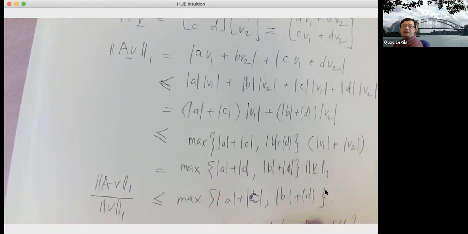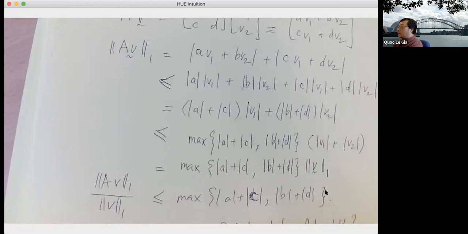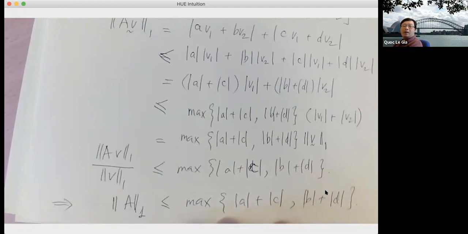What I need to do is prove that equality can be achieved, then I will be done. Right now I just have the one norm is less than or equal to the absolute value column sums. Now I need to show that equality can happen.